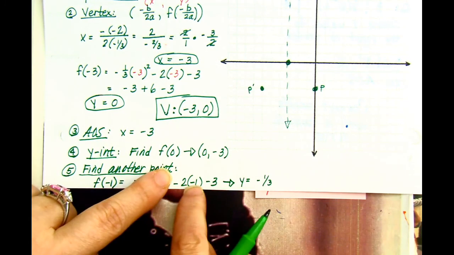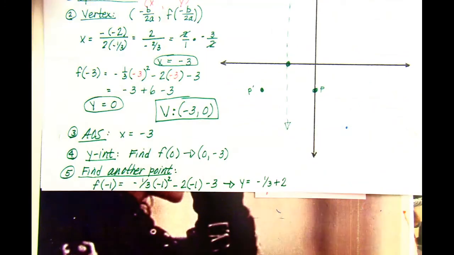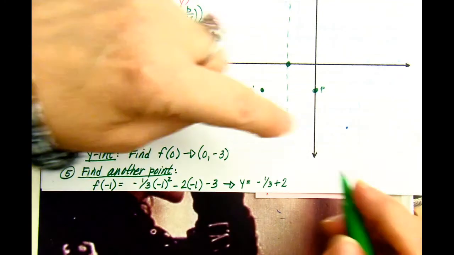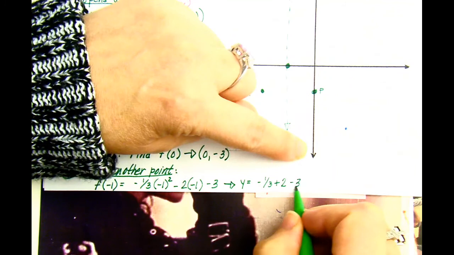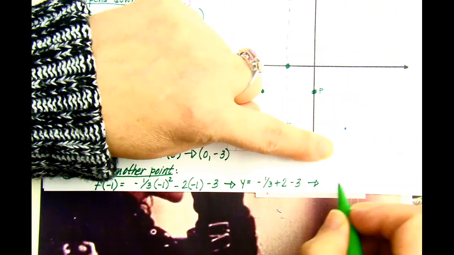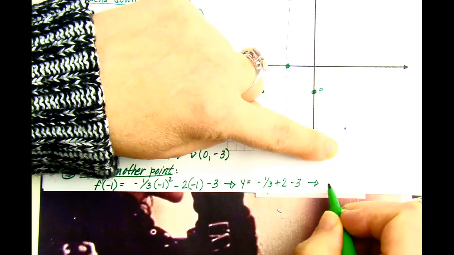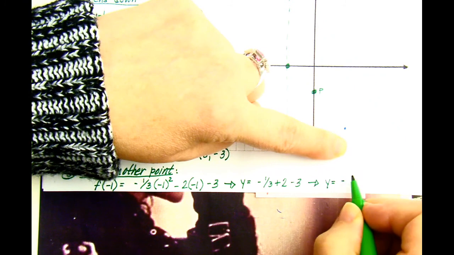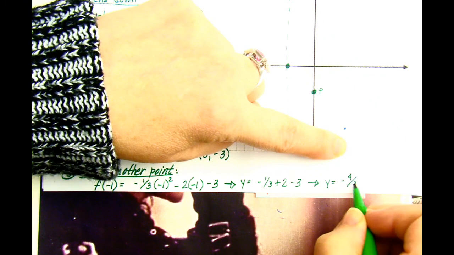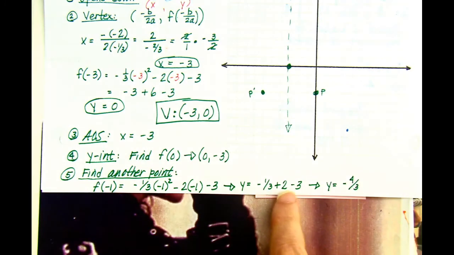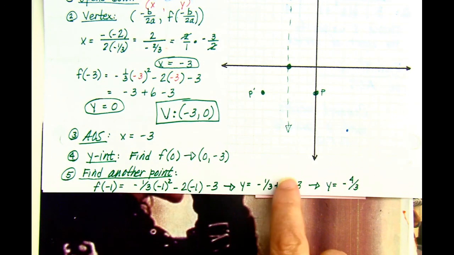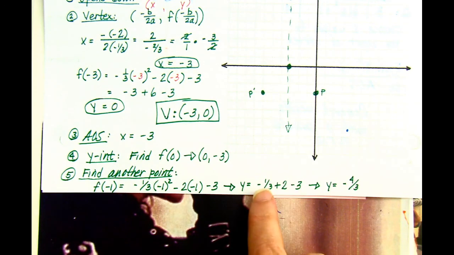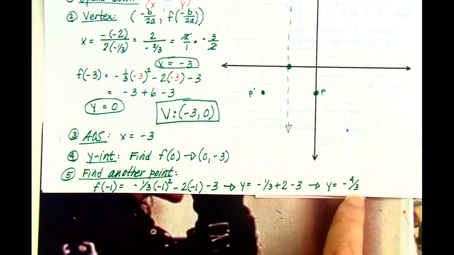This multiplication of -2 and -1 is +2. And then I have a -3 on the end. So I see that my y value is -4/3. Because look at this. 2 minus 3 is -1, and -1/3 minus 1 is -4/3.